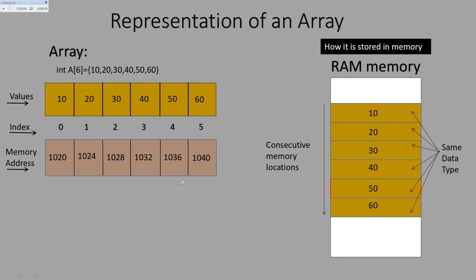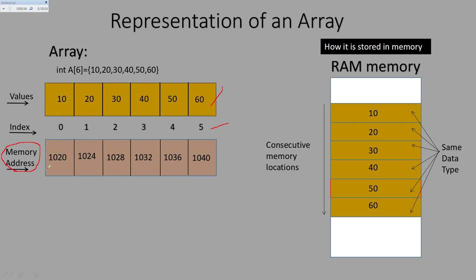The numbers in the orange shade are called values or elements, and the index values are 0, 1, 2. The numbers in the light pink are called memory addresses. I said in the previous slide, if one element is at the 1000 place, another element will be at the 1004 place, in the case of integers, as an integer has 4 bytes.